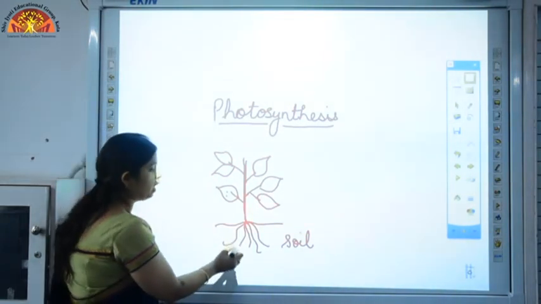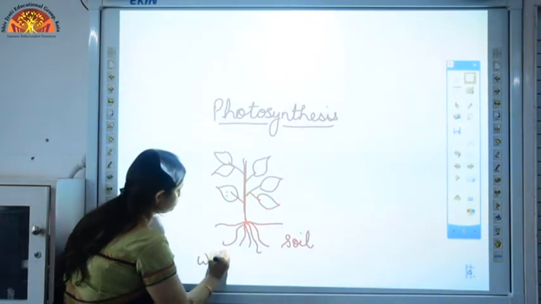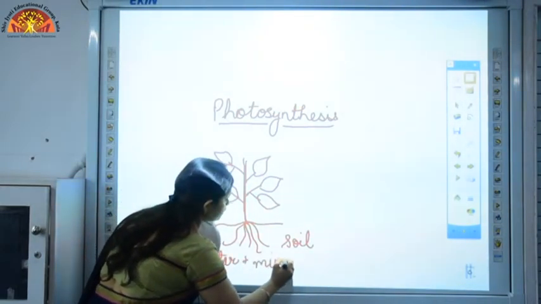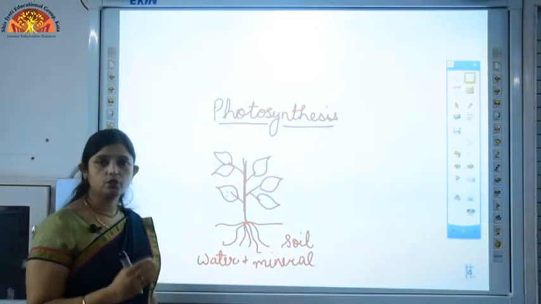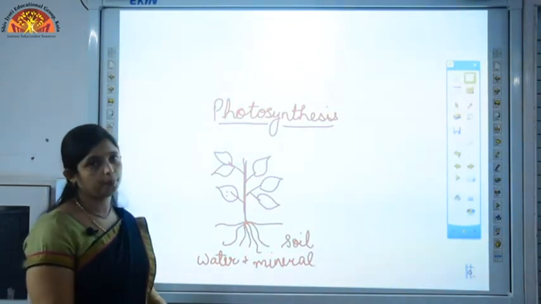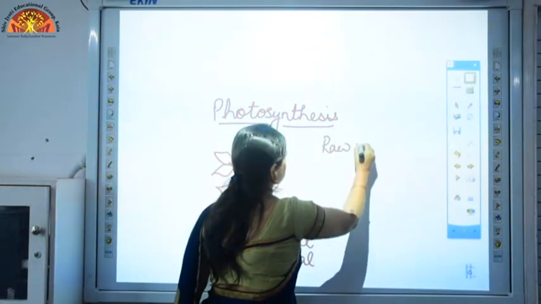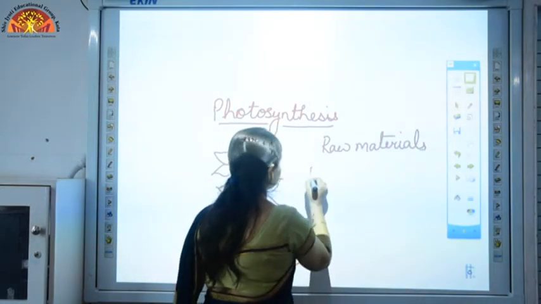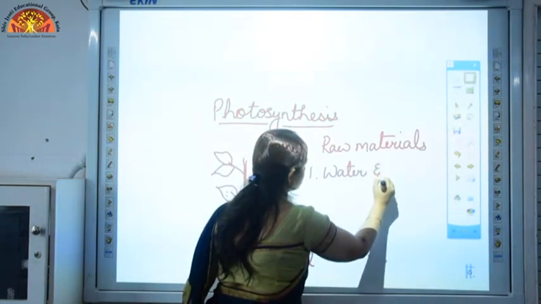First of all, plants take water and minerals from the soil. Water and minerals are present in the soil. The process of photosynthesis is the process through which plants prepare their own food, so they need some raw materials to prepare their food. These raw materials are, first of all, water and minerals.